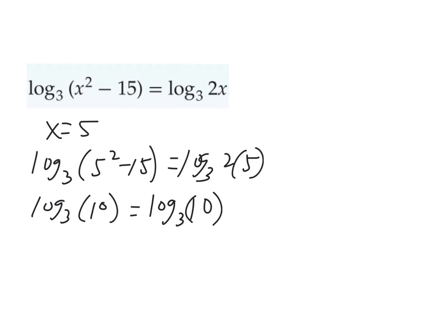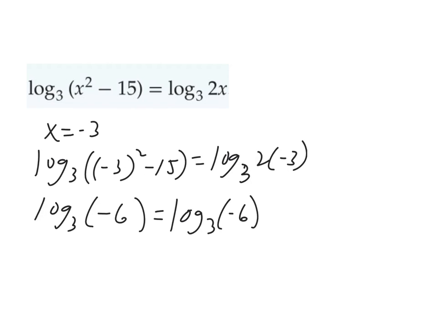Now go ahead and plug in negative 3 and check that one. So here's the check for negative 3. And so this is the issue, right? It equals the same on both sides. However, as we stated yesterday, this number can't be negative. And the reason why it can't be negative is because let's understand what a logarithm is again.